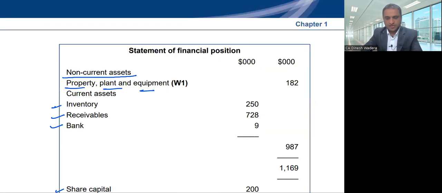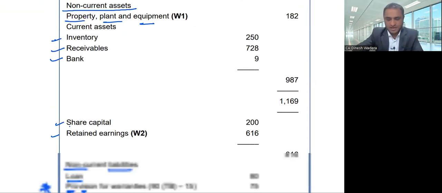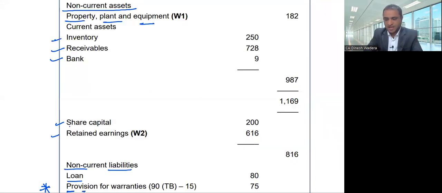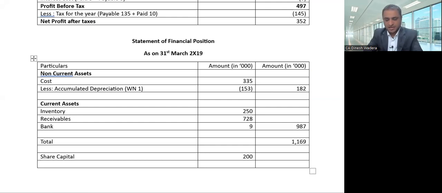And now let's come to the other part of your financial statement, which is the liability side. So we have share capital. Generally, this balance has not changed. So we'll pick this as it is from the trial balance, and retained earnings.